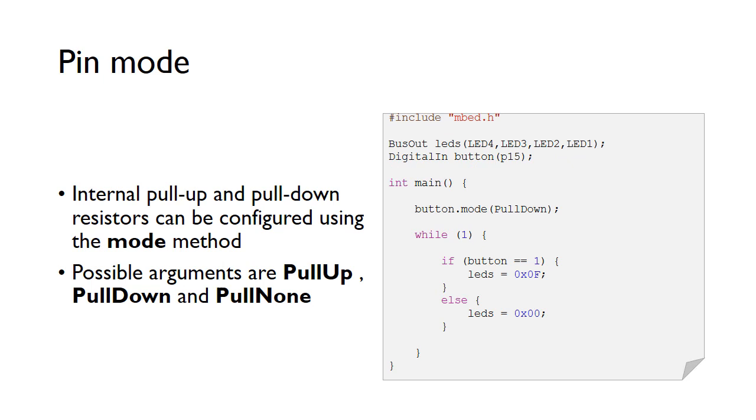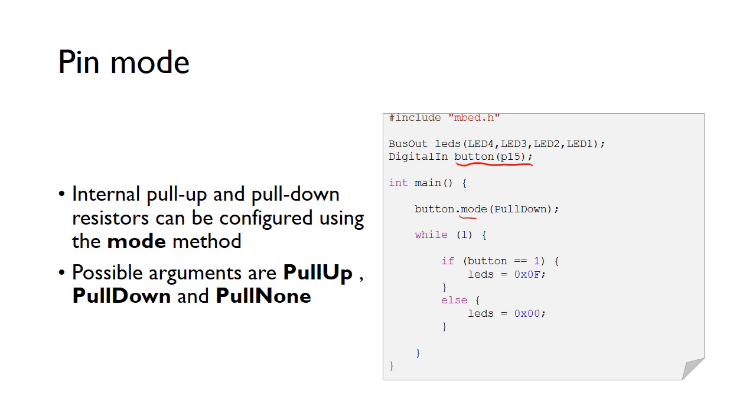Now we'll just look at the mode. Because in the previous example, I was assuming that we had some kind of external pull-up resistor connected, but you might not want to bother using an external resistor, because there are internal ones inside. So we can use the mode method. Here again is the same example. We've got our button object connected to pin 15, but before we enter that loop, I'm going to set the mode.